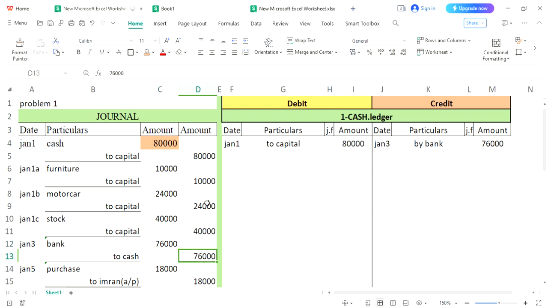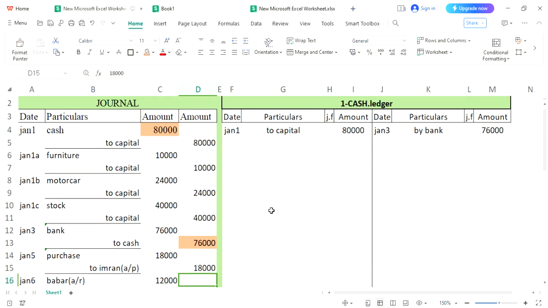This 76,000 was posted, so here we have marked it as it has been done. So step by step we will follow each and every amount present over here. Every amount will be posted into the ledger. So it is very important to mark. Cash is credited, we have posted it, it is completed.